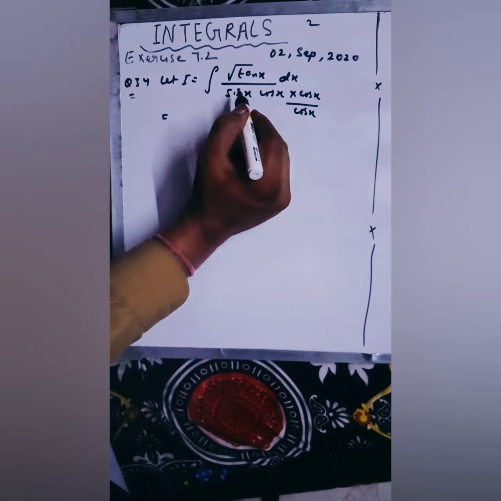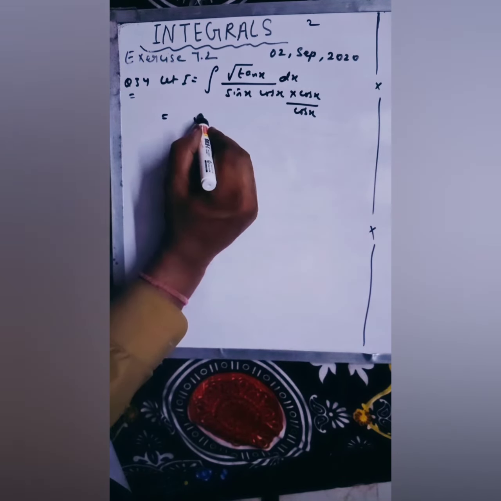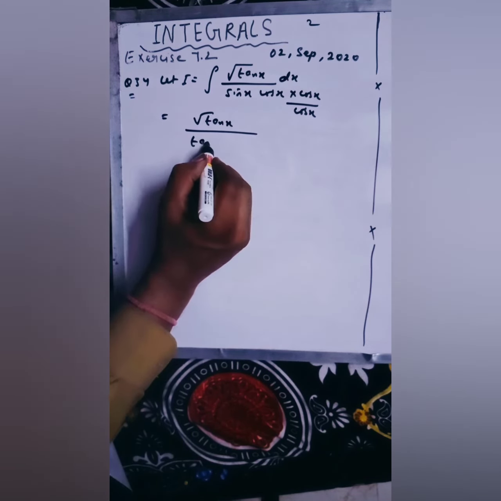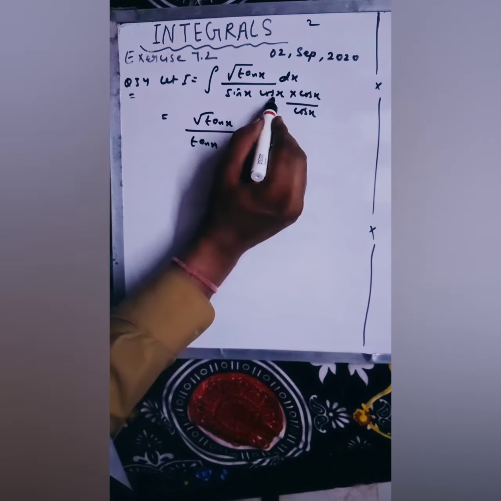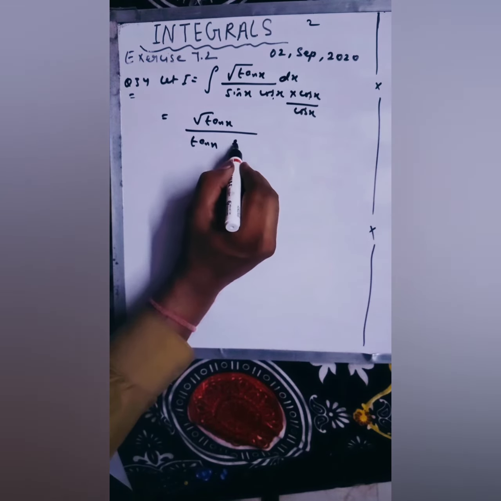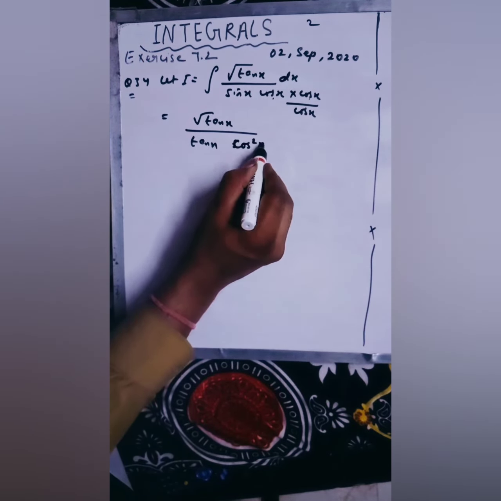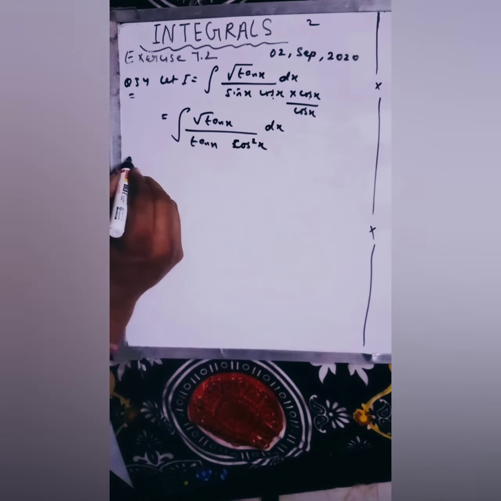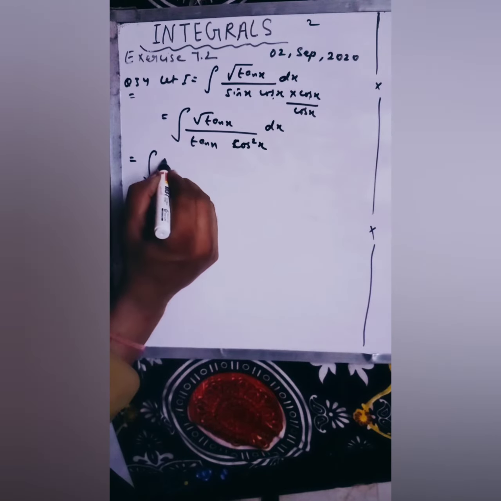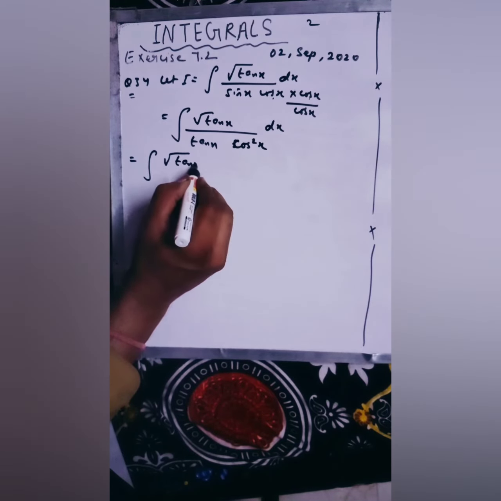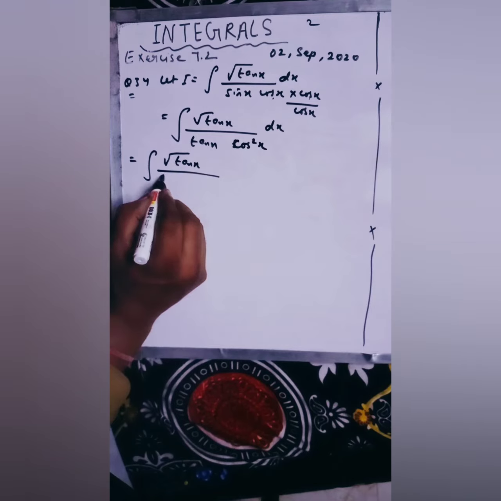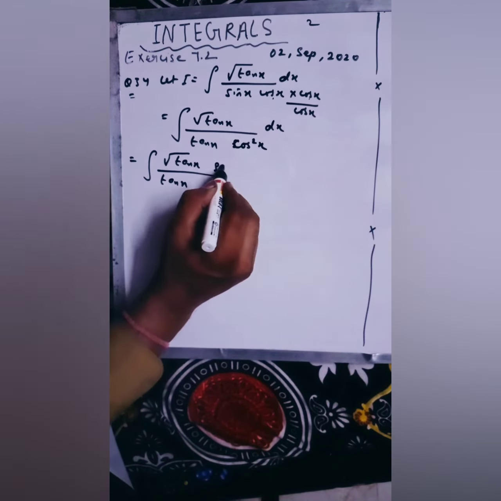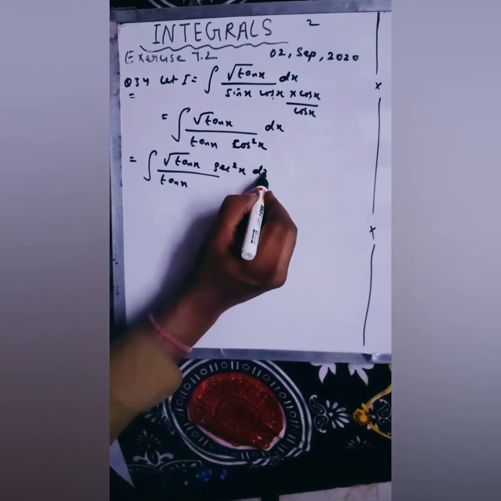Okay, so as you know sin x over cos x would be tan x, and here cos x into cos x would be cos square x, integration into dx. Fine. Here this tan x will remain the same, and 1 by cos square x would be sec square x.